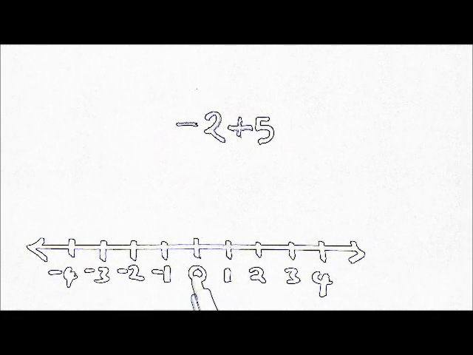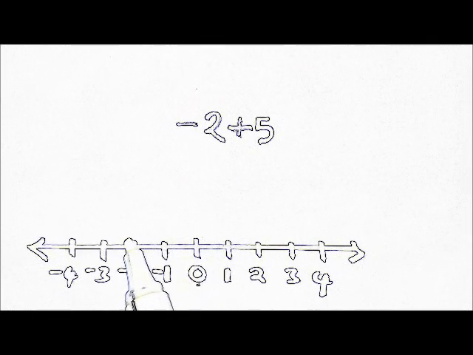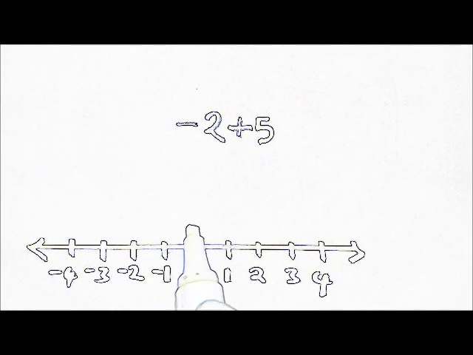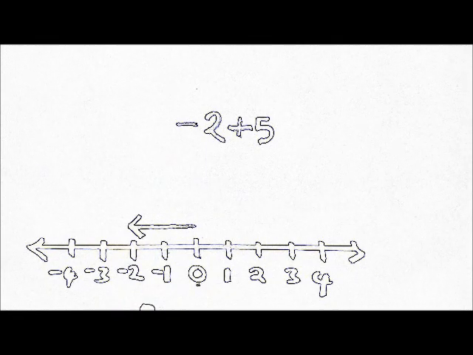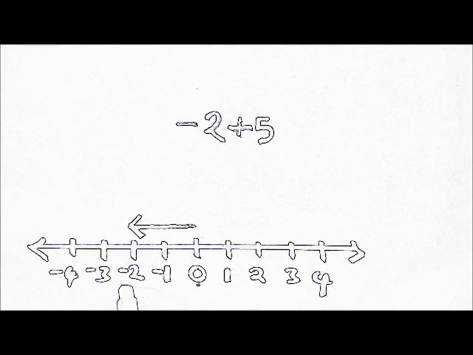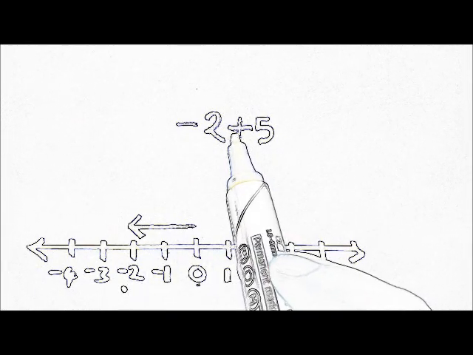So 0, 2 steps backwards will be 0, 1, 2. So if I start from 0 and draw a line 2 steps backwards, I'll arrive at negative 2 or minus 2. Now, the question here proceeds to say plus 5.